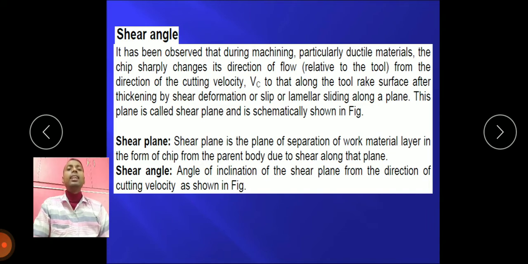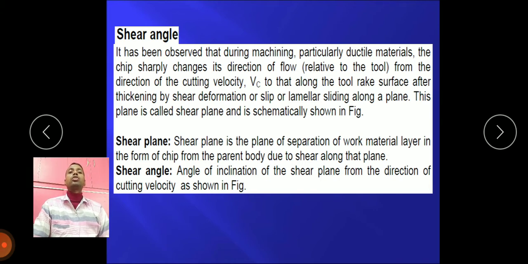What is the shear angle? It has been observed that during machining, particularly of ductile material, the chip sharply changes its direction of flow from the direction of the cutting velocity Vc to along the tool rake surface after thickening, due to surface deformation or slip or lamellar sliding along a plane.